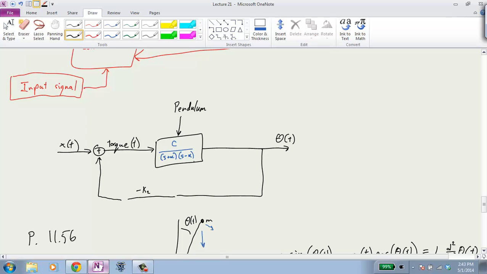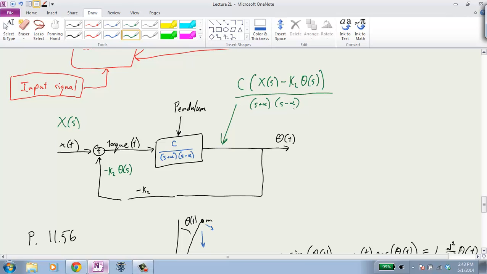When we look at the Laplace transform, this is x of s. This is minus k2 theta of s. And you add them together and put them through here. What comes out here is c times x of s minus k2 theta of s, over s plus alpha times s minus alpha, right?